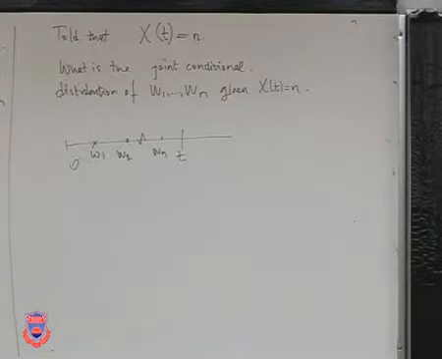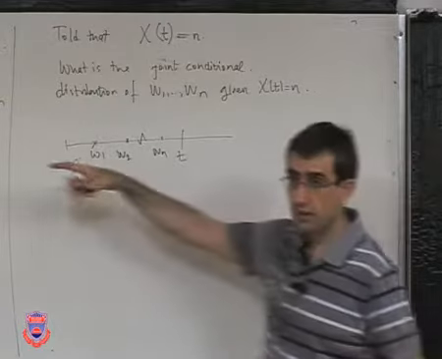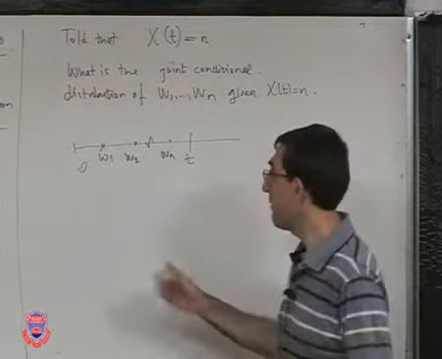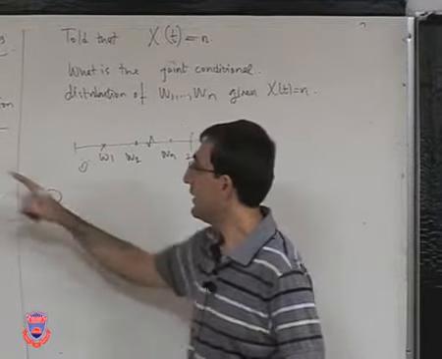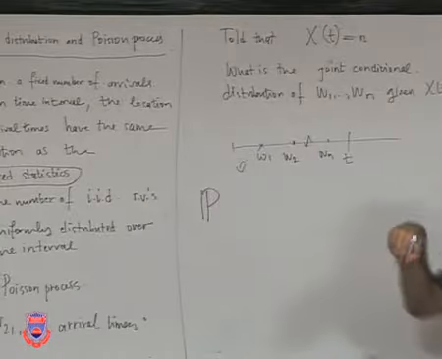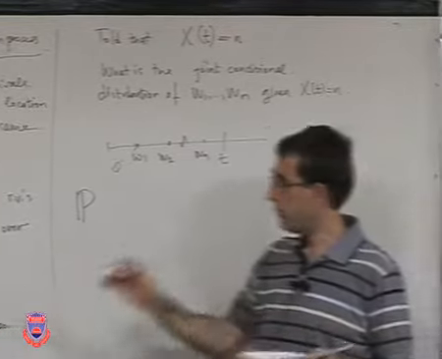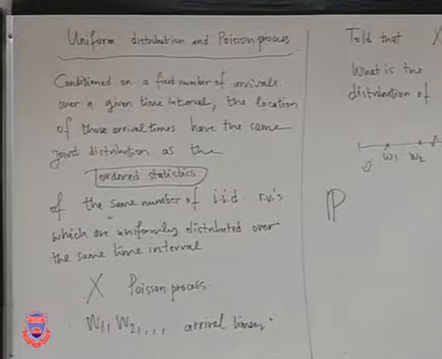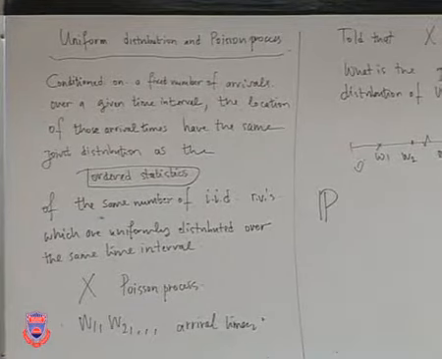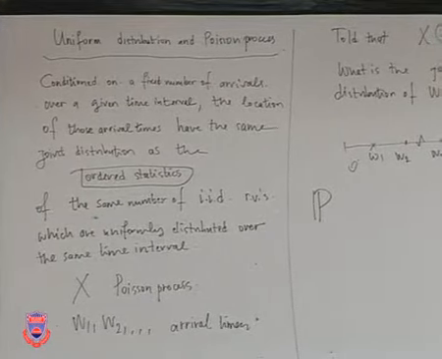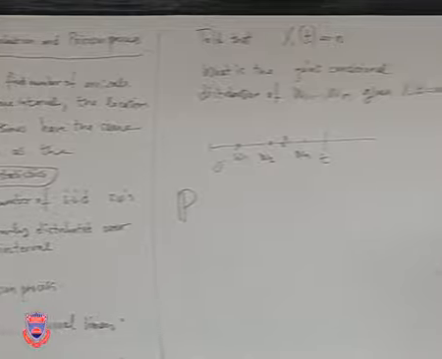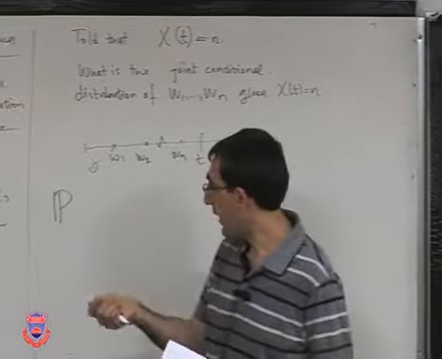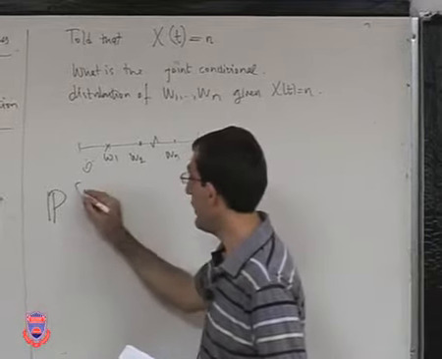What the result says is that this has a connection with the unconditional distribution of the ordered statistics of n independent and identically distributed uniform random variables over the same time interval from 0 to t. And we can write down an explicit formula for that.